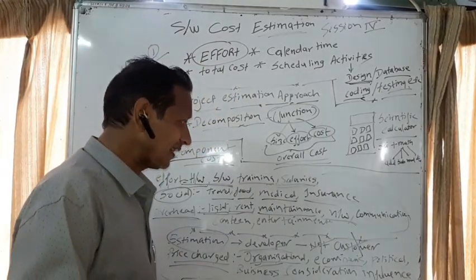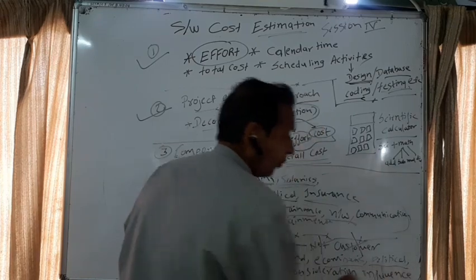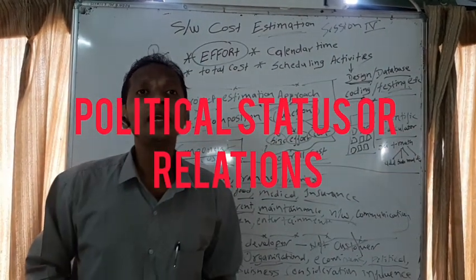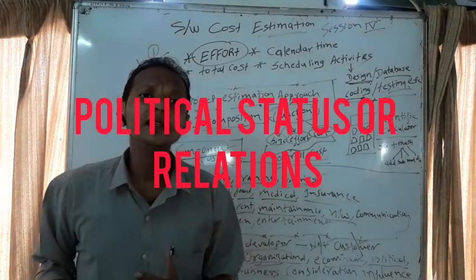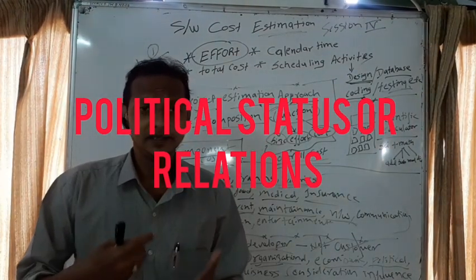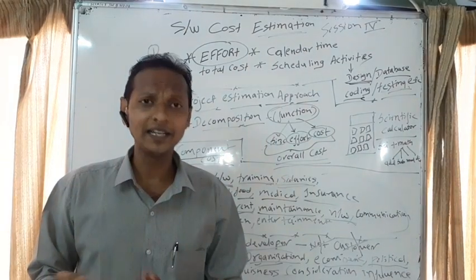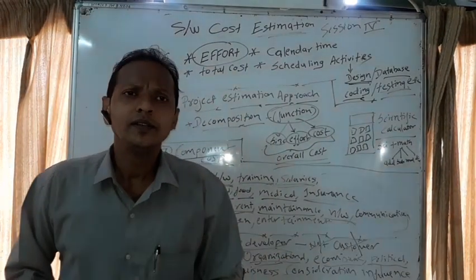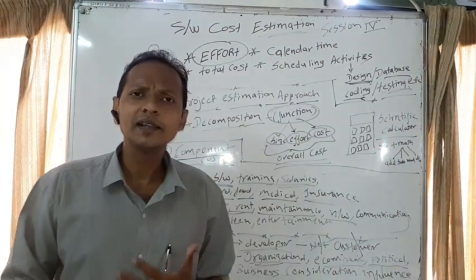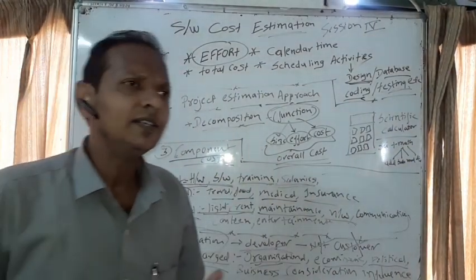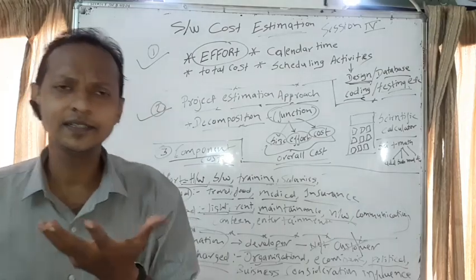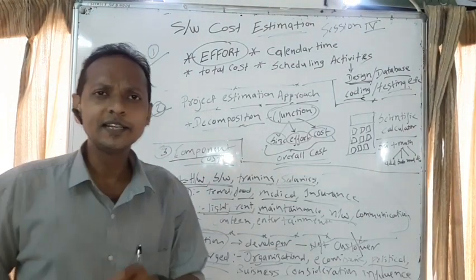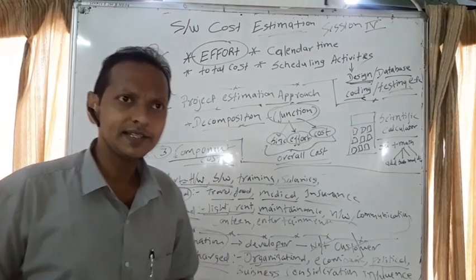Third thing is, what is the political status of the organization? Many times political leaders or political parties may interfere in this kind of dealings if the software is quite huge, so many people are involved or influenced in it. So the political status of the organization or the firm also is an influencing factor for the price charged to the client.